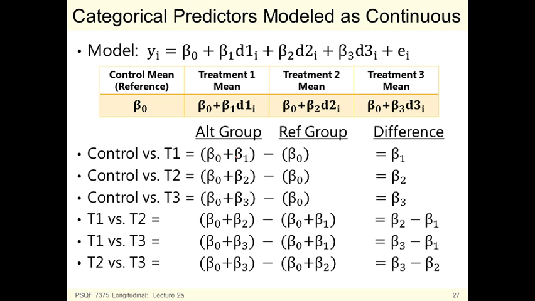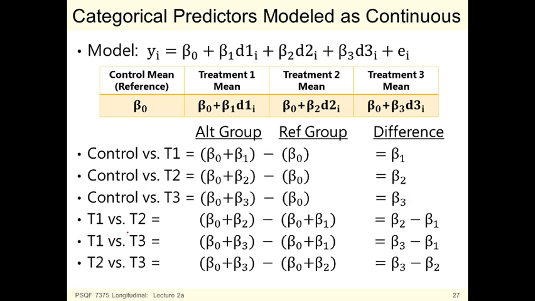If we know what the mean is for each of the groups, then we can figure out how the betas tell us the mean differences. The first 3 lines here on slide 27 tell us what the model gives us directly. Beta 1 is the difference between control and treatment 1. Beta 2 is for treatment 2, and beta 3 is for treatment 3, each versus control.